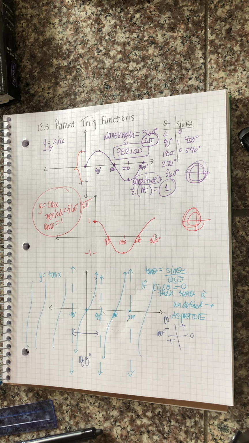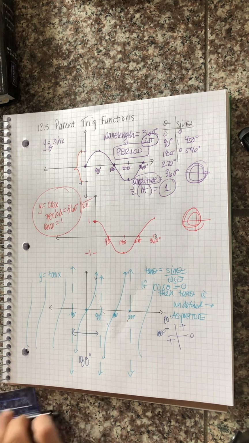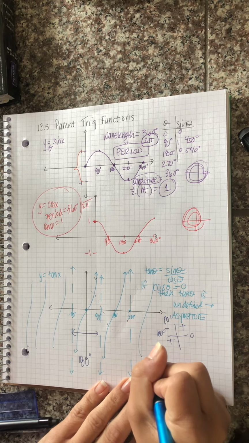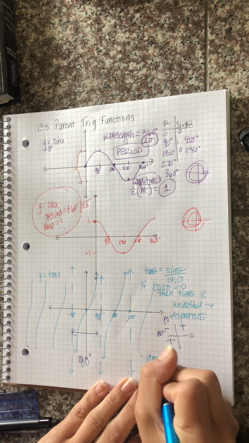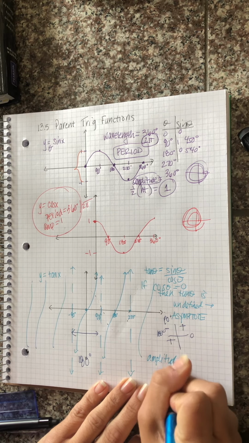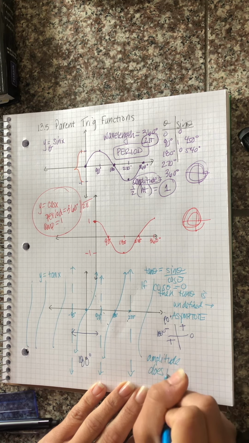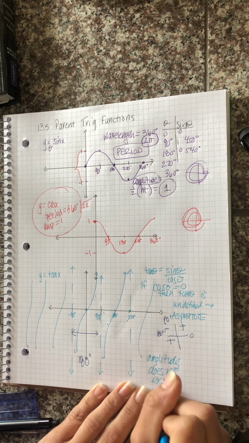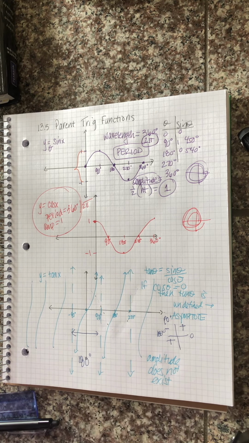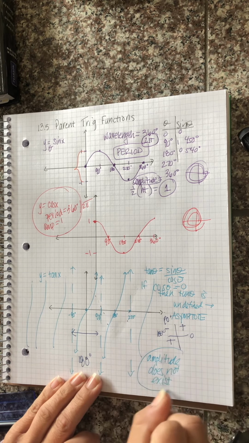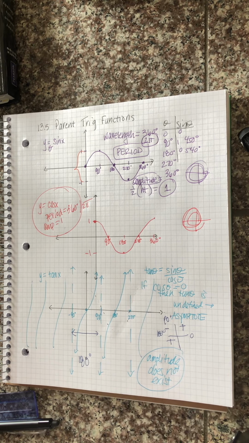You can't put a value on a height of the largest thing that there is mathematically, which is infinity. So we say that the amplitude of a tangent curve does not exist.